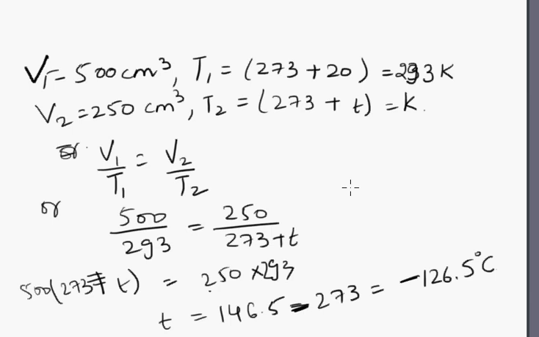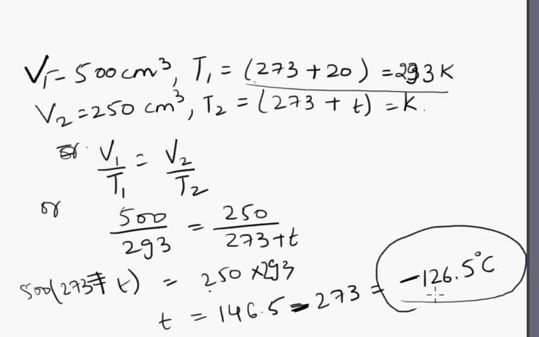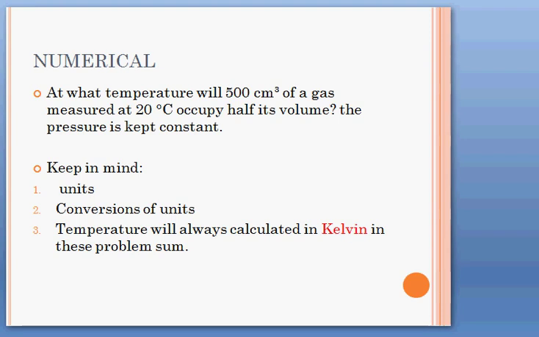Like here, we first converted into Kelvin. After calculating the numerical, the result has to be converted again into centigrade, that is the Celsius part. You can do it with many of the others.